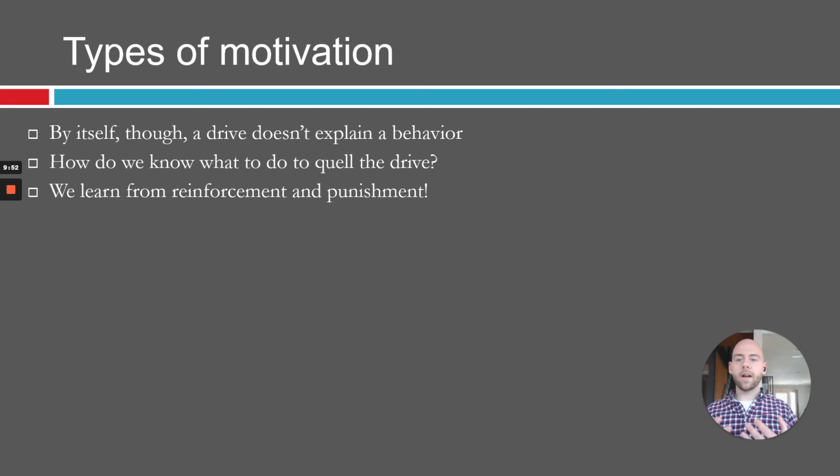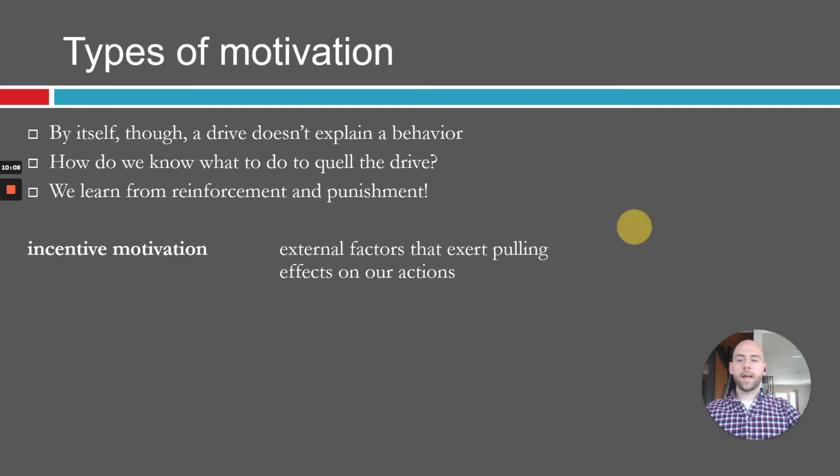Things getting better either by adding or taking away sorts of circumstances. And punishment being, let's stick with the water example, if you don't drink water for too long, then you're going to have negative physical properties coming from that.